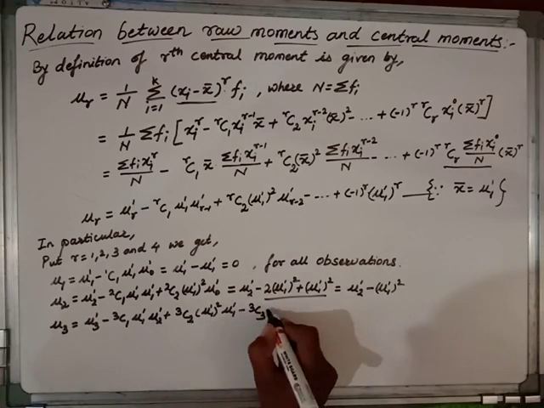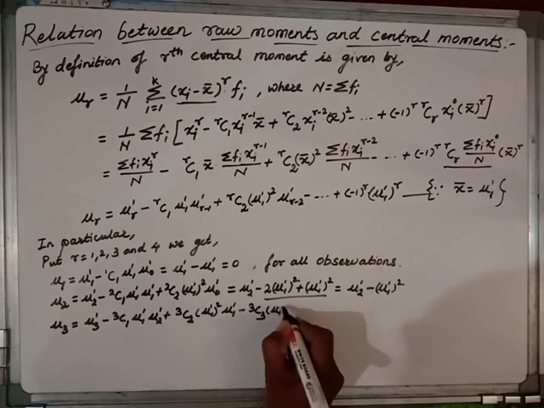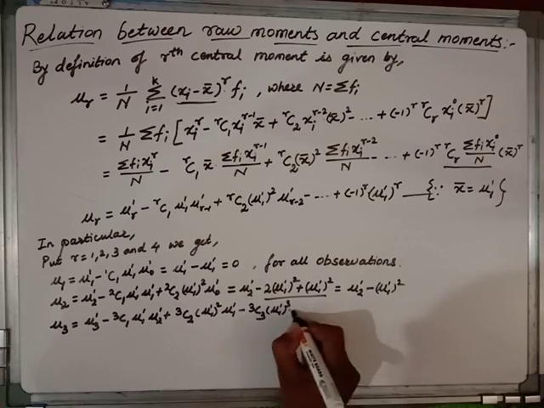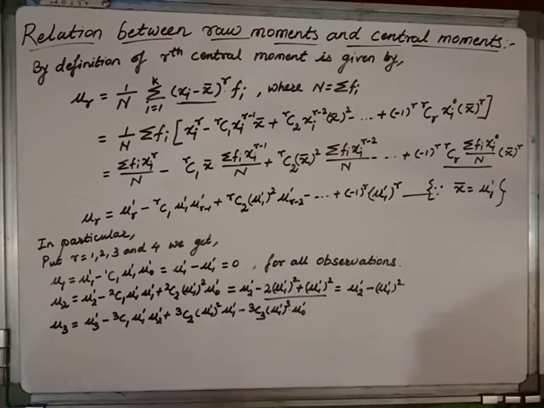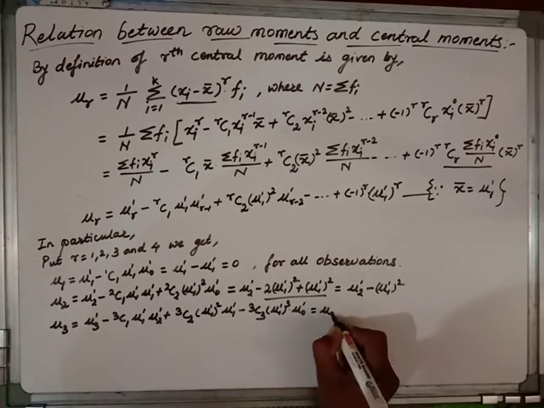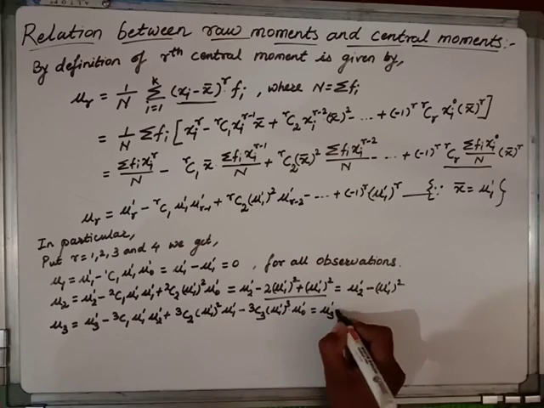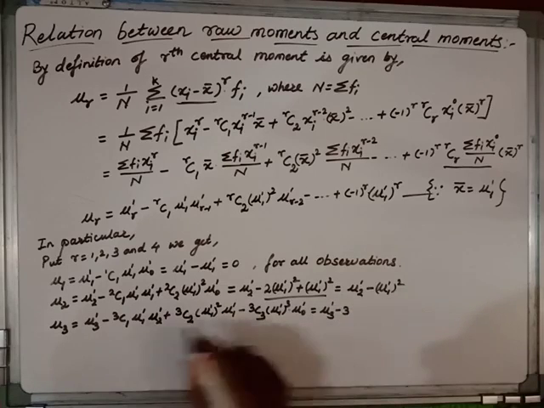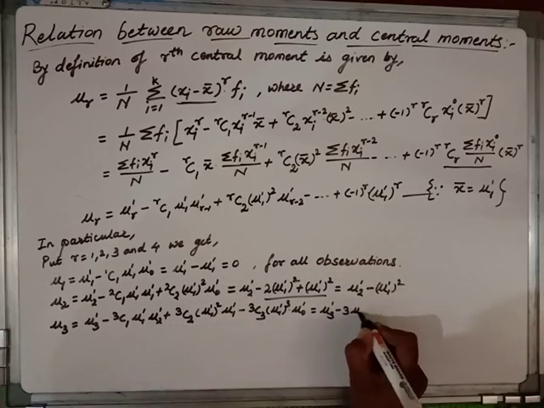What will be the next term? Mu1 dash cube into mu0 dash, as such we will get. So that will be mu3 dash minus 3 mu1 dash mu2 dash.